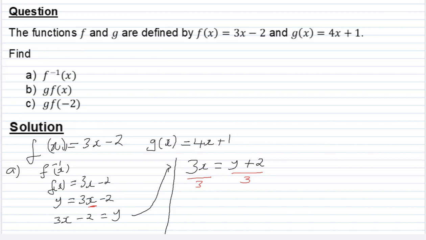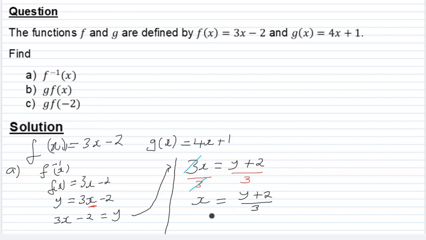Once you do this, we are going to divide. On this side, we see that this 3 and this 3 will cancel. So we remain with x alone. Now we have what we wanted. So we have x is equal to y plus 2 everything over 3.